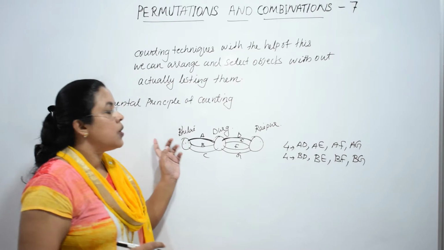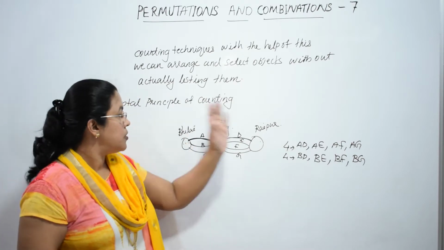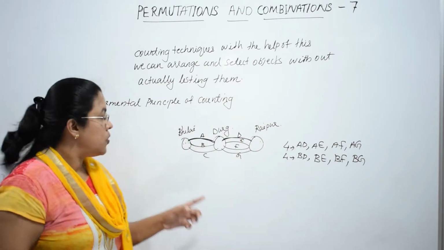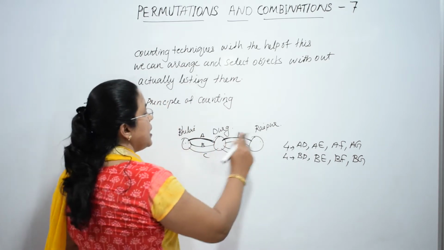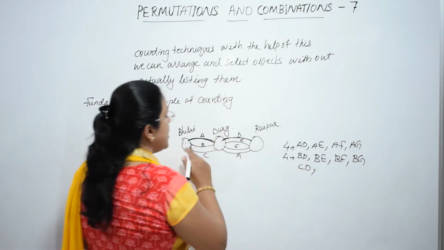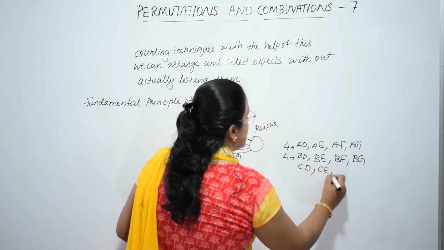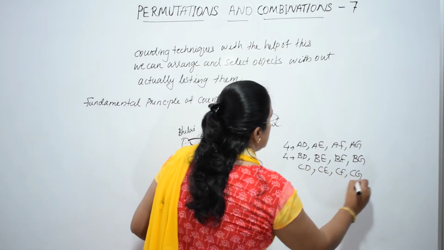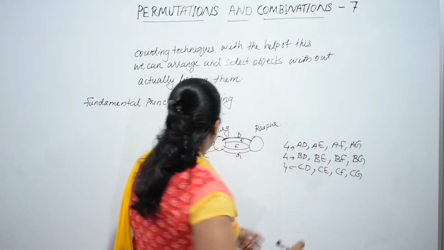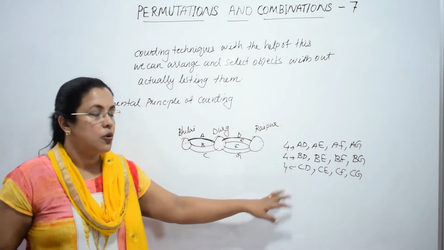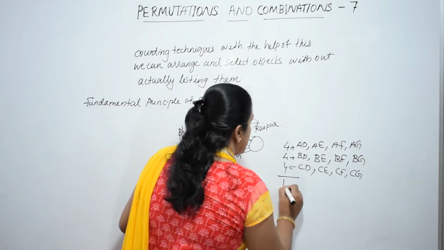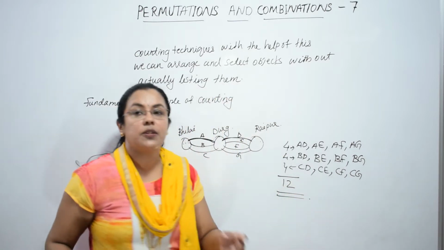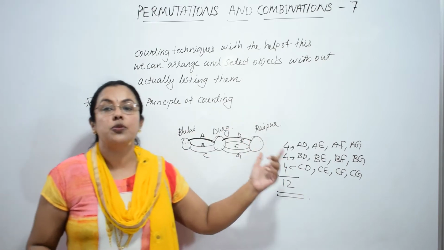Now follow the route C: CD, CE, CF, CG. Again 4 ways. Altogether 4 plus 4 plus 4, that is equal to 12 ways we can travel from Bhilai to Raipur.